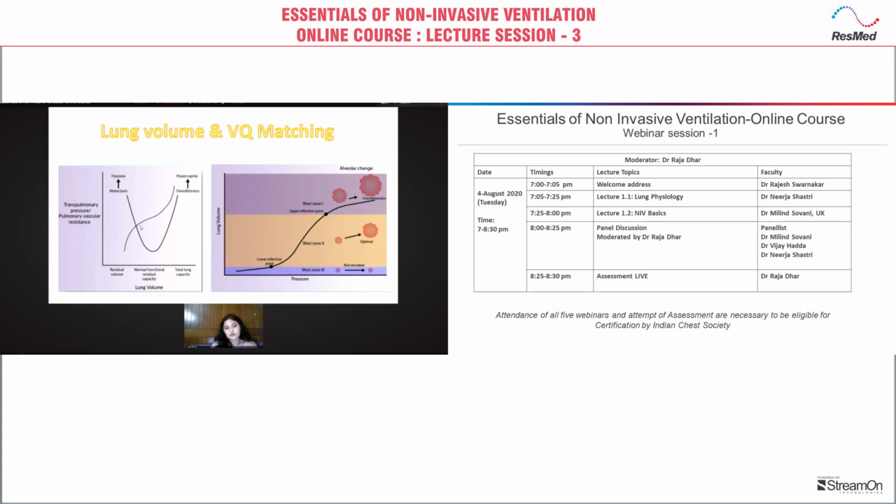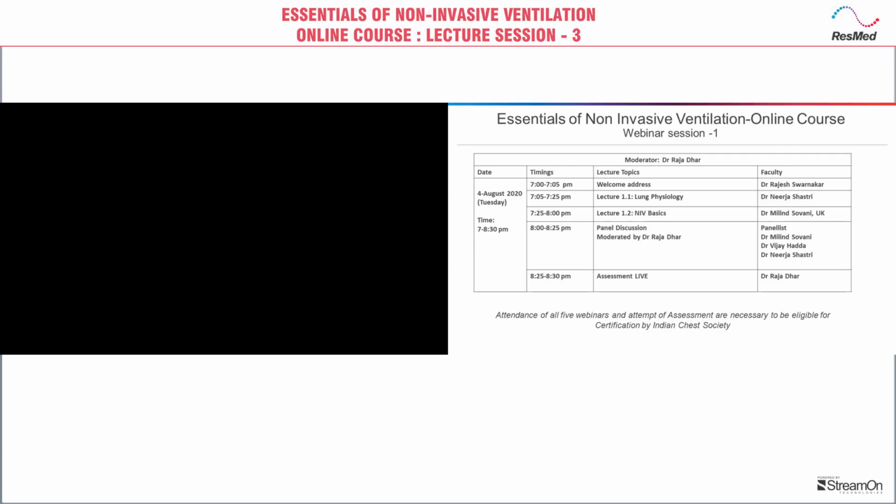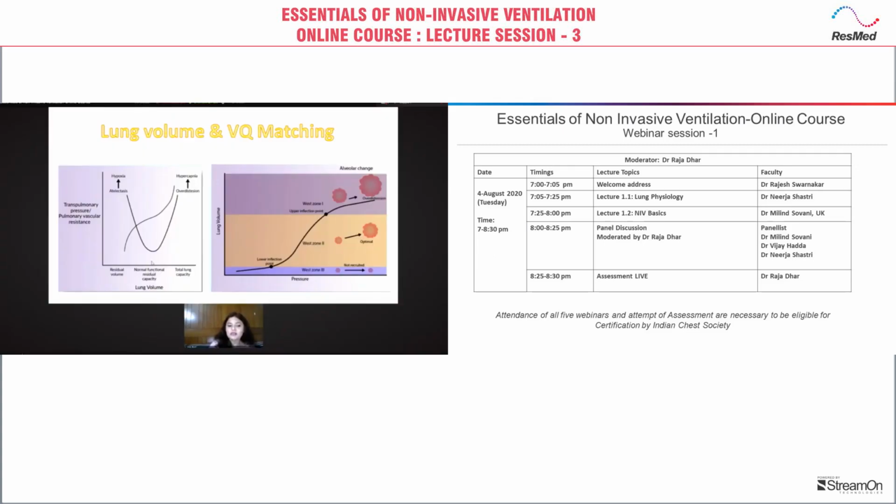The pressure has to be more, and in overdistension or hyperinflation, or a COPD patient or hypercapnia patient, again the pressure required is way too high. So the optimum pressure which brings this optimal volume where VQ matching is there, with good gas exchange, is FRC, and this is seen in zone 2.